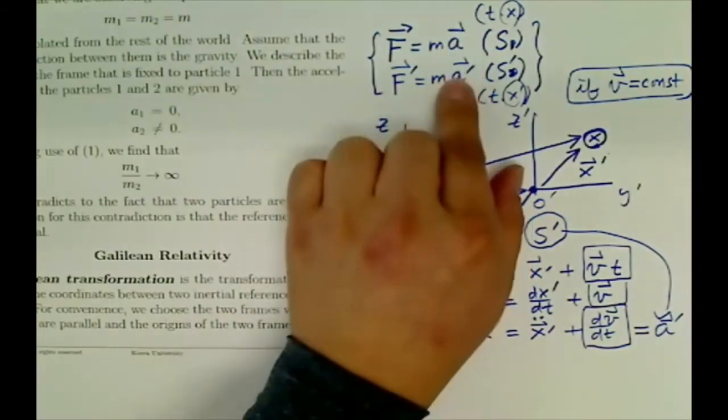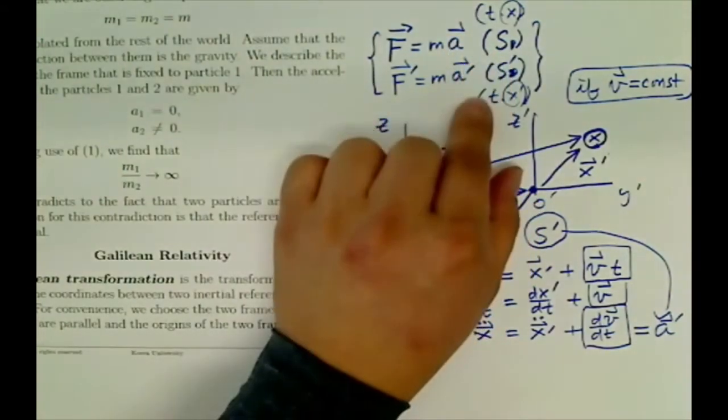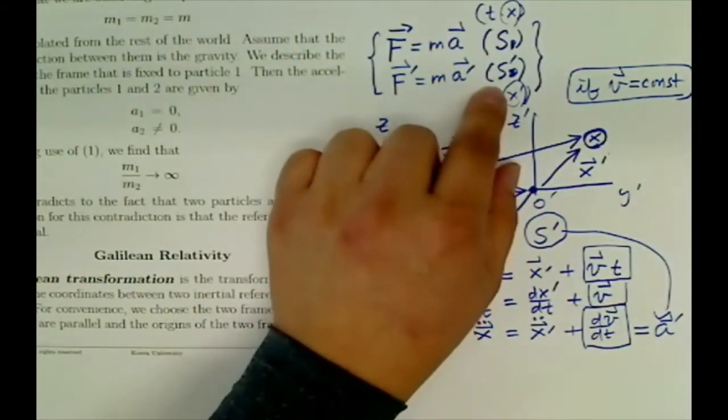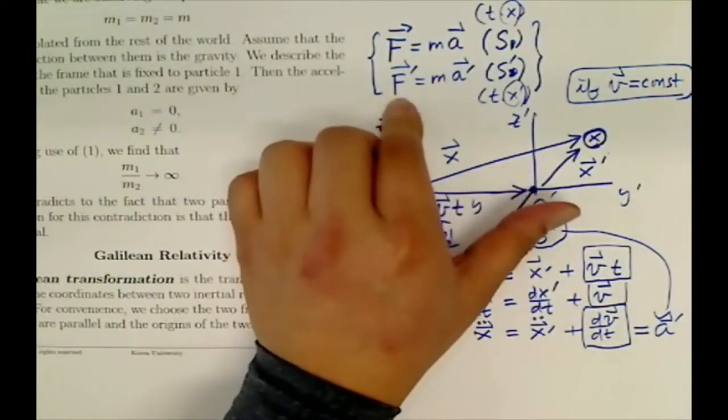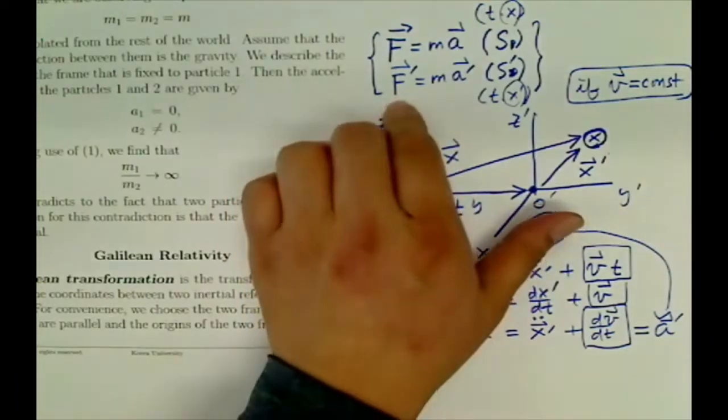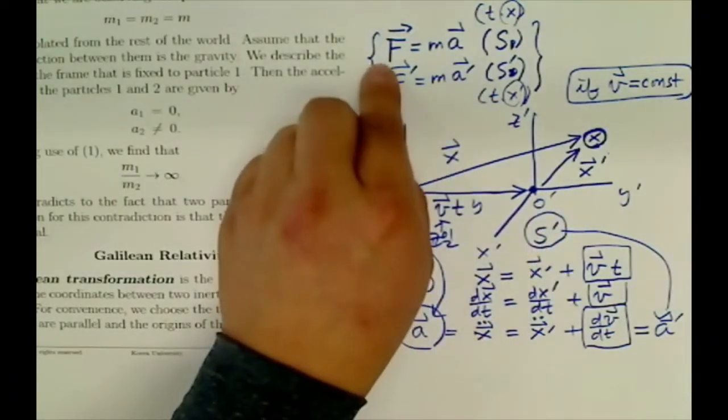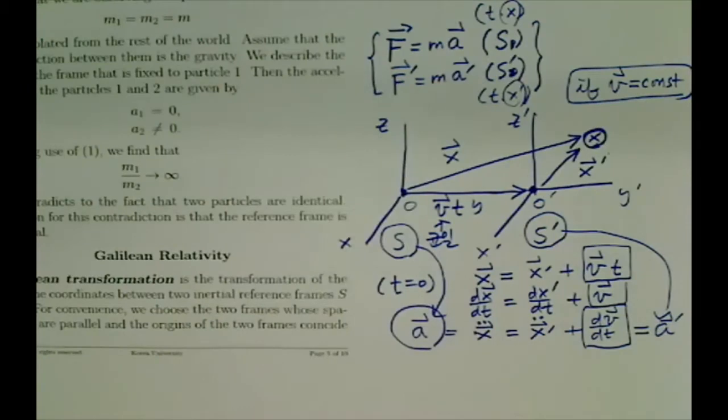It is a common acceleration in both reference frames. As a result, the force defined in S prime must be the same as the force in S. So force is a universal quantity in Galilean relativity.